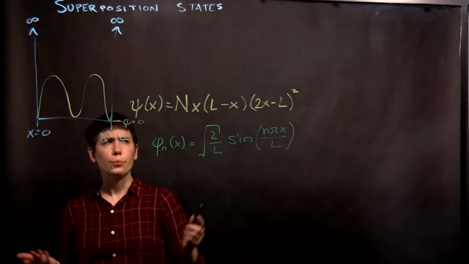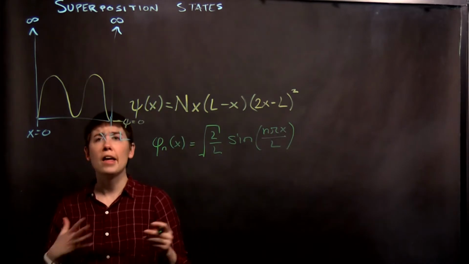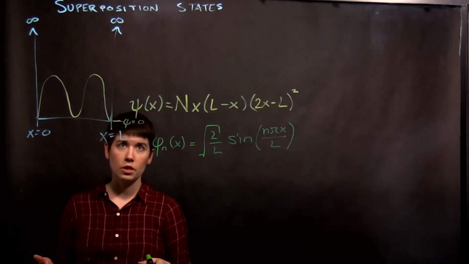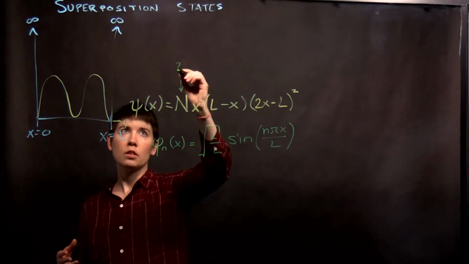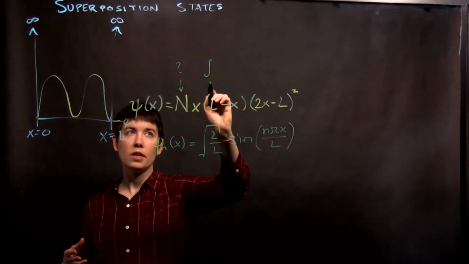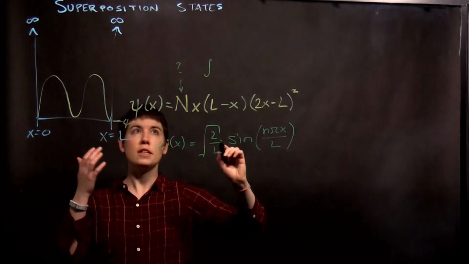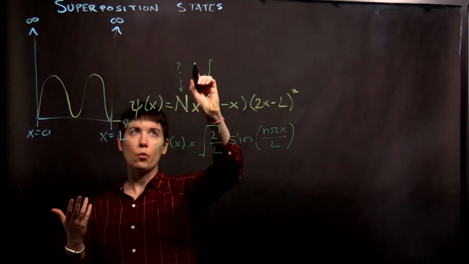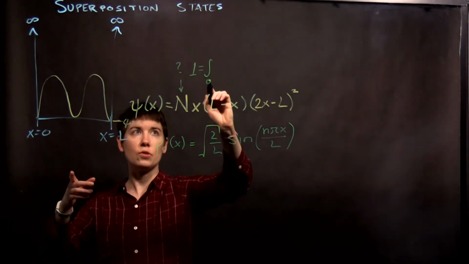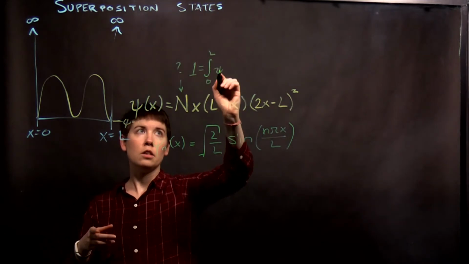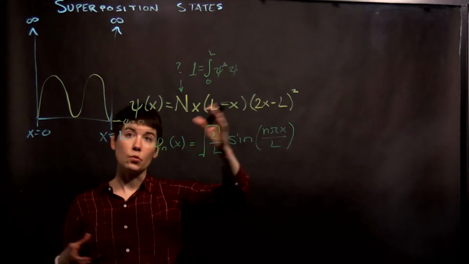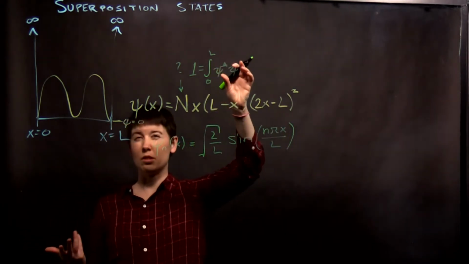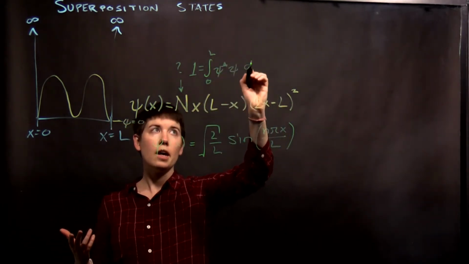So going back up here, what's N? N is just a normalization coefficient. So how would you find it? Well, we would basically take this and say if I integrate from negative infinity to infinity, but of course it's going to become, in this case, just 0 to L of psi star psi, which obviously since this is real, this would just basically be this squared dx.